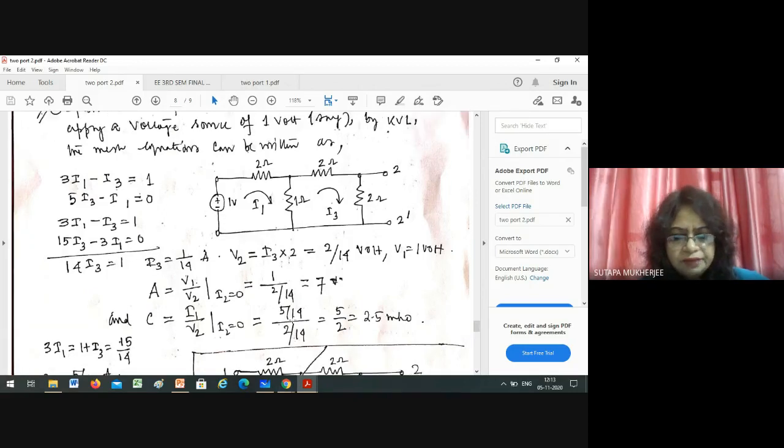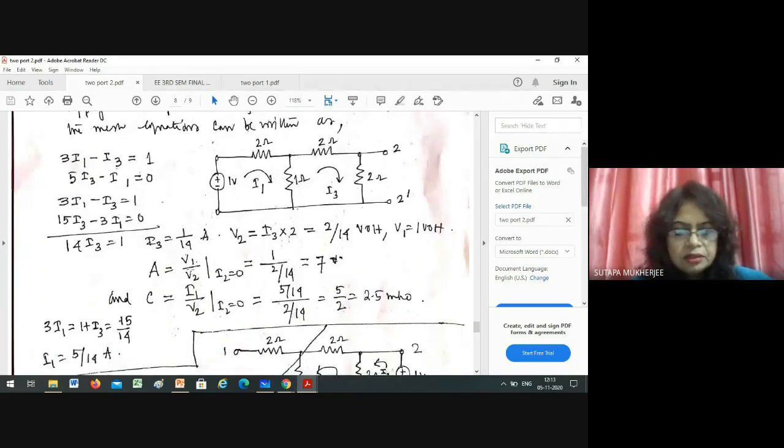So this is 5 by 14 and V2 equals 2 by 14. So 5 by 2, 2.5. So what you have got? The value of A and C. How can you get it? You have to open the port 2 and put a source here.